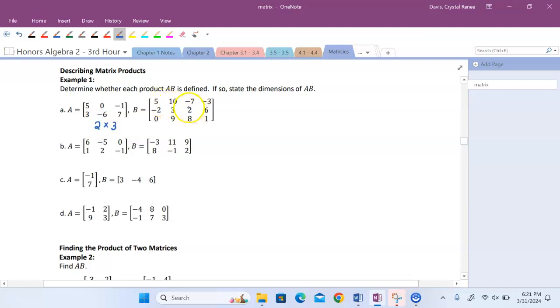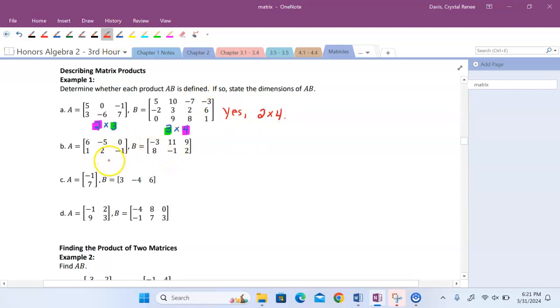And this one is 3 rows by 4 columns, so this is a 3 by 4 matrix. Because this matches with this, I can multiply these two matrices, and the product will be a 2 by 4 matrix.